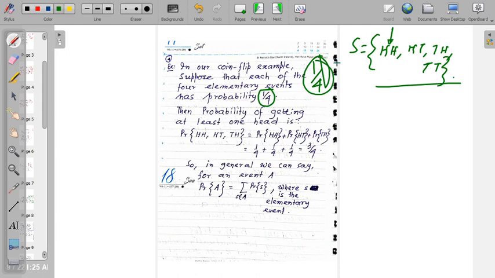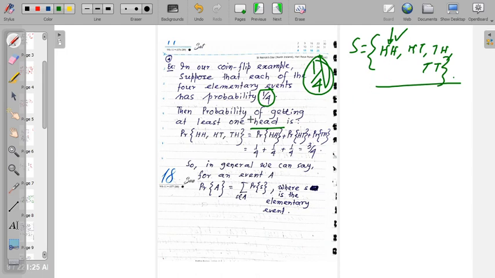Now, this probability of getting at least one head. So now this at least one head condition: whether this outcome, HH, satisfies it. At least, so not exactly one head. At least one head.